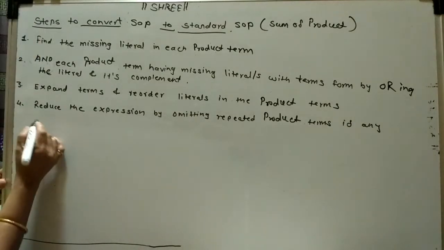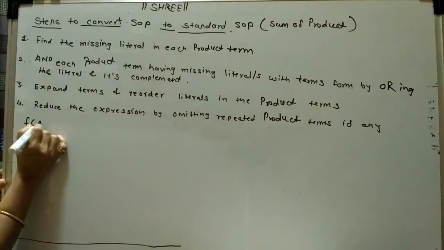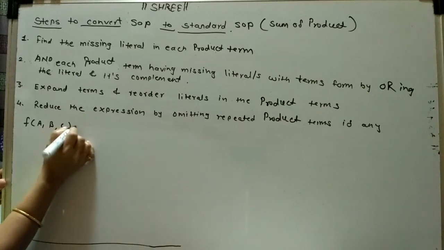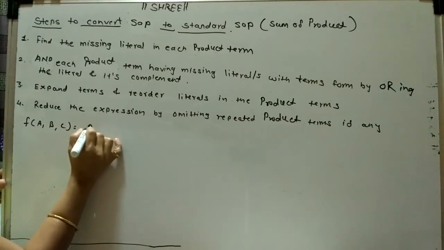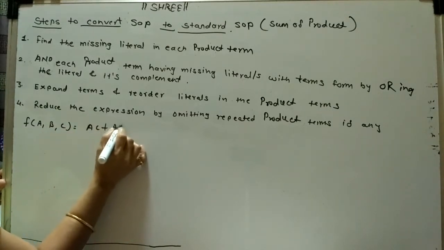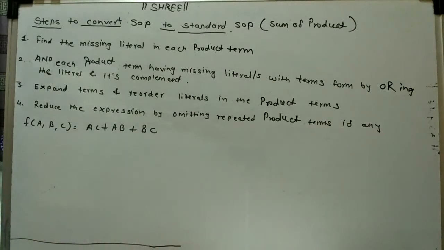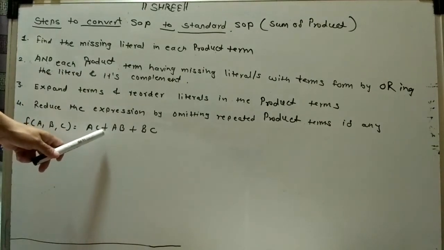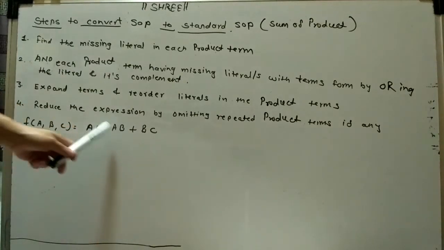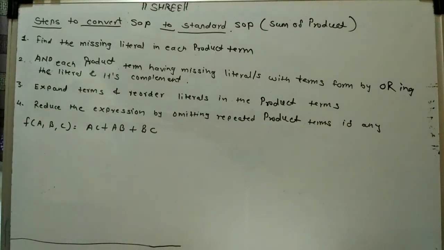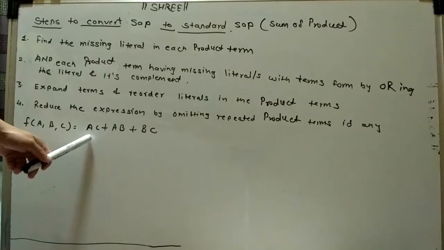So let us consider the example f of ABC is equal to AC plus AB plus BC. Now remember that this is the sum of product equation, and this equation is not in the standard or canonical form.